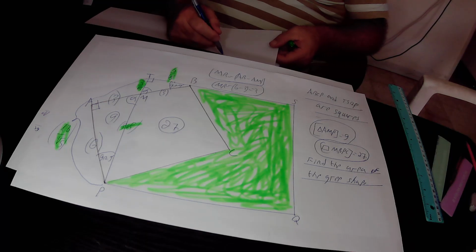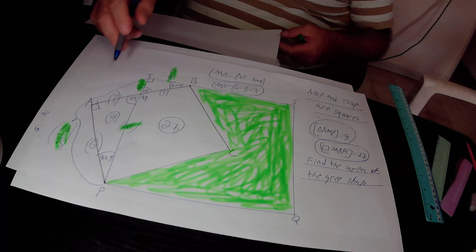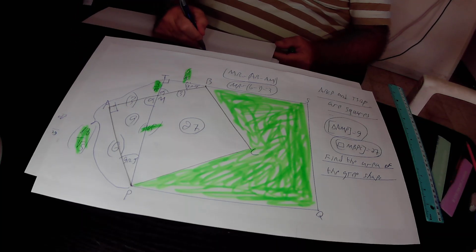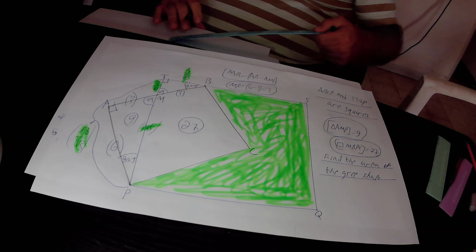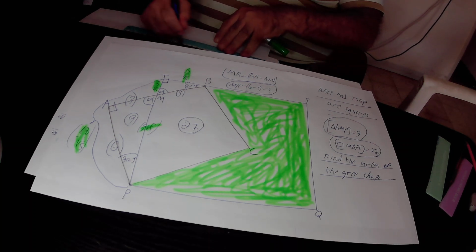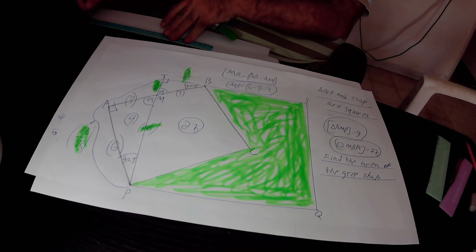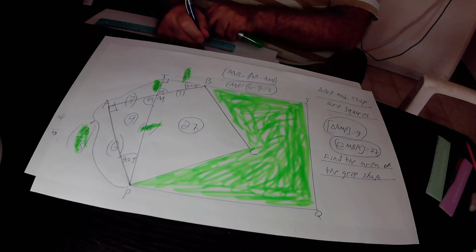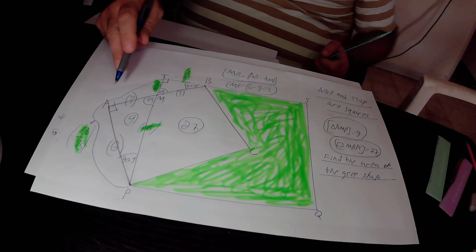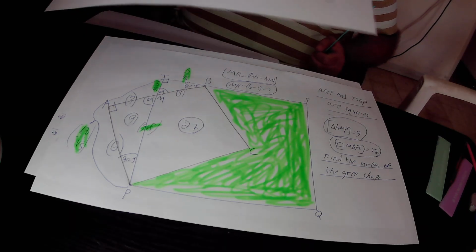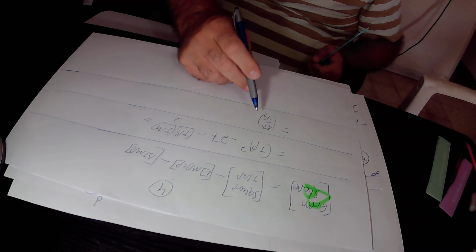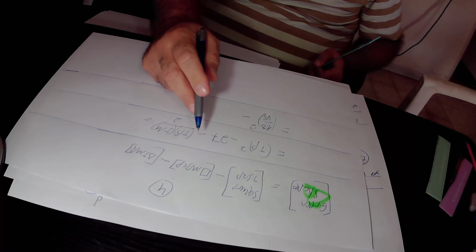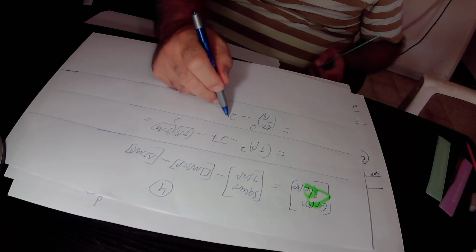So the area of the big square equals TP squared. TP is 18 over square root of 5. And therefore, TP squared will be equal to 18 over square root of 5 squared. Minus the area of quadrilateral MBCP, which is 27.